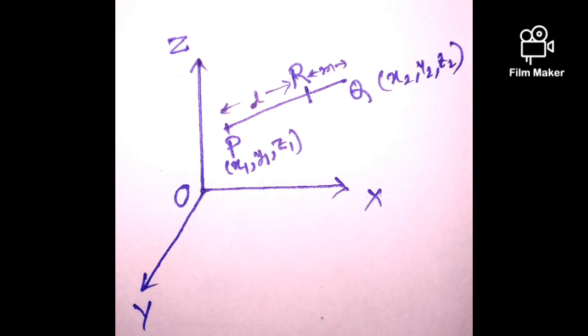Then the coordinates of the point R are (Lx2 plus Mx1) divided by (L plus M), comma (Ly2 plus My1) divided by (L plus M), and (Lz2 plus Mz1) divided by (L plus M).